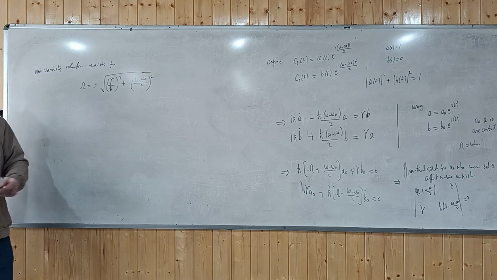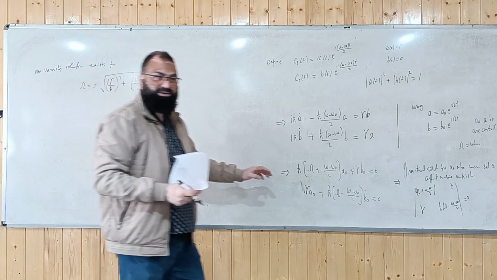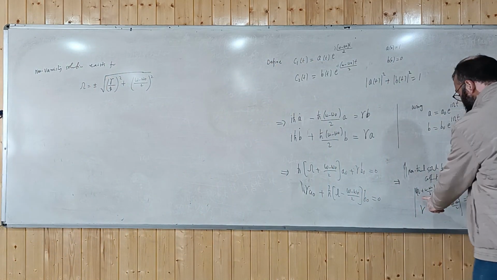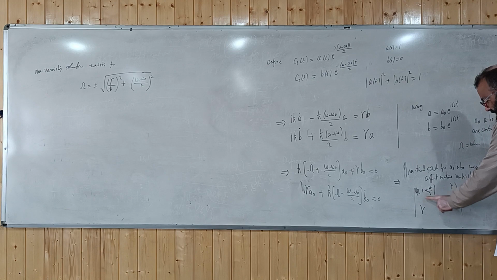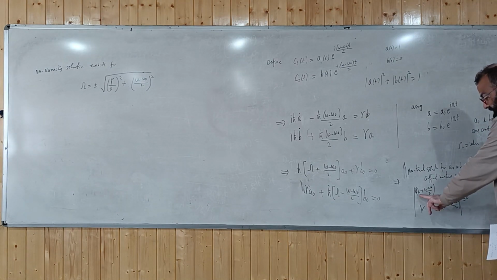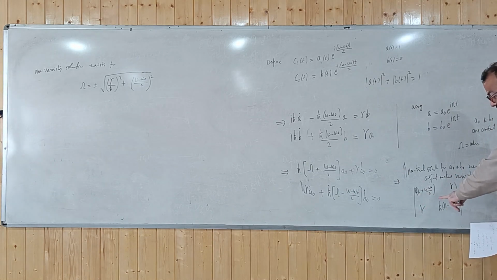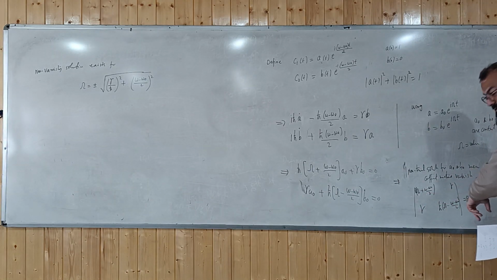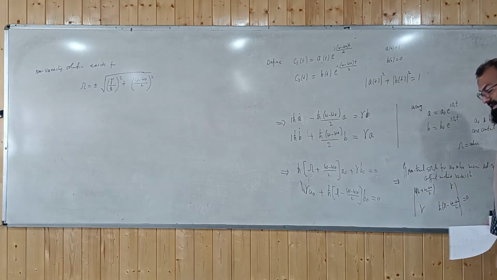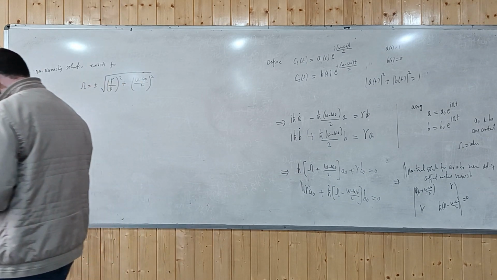Clear? Now you just need to work out that determinant. So what you are getting is h cross square omega square minus this square, minus gamma square equal to 0. You need to figure out only omega square. That means you take this on the other side, it will be plus, and take this also on the other side, it will be plus, and divide it by h cross. Got it? Okay, so this is the solution.